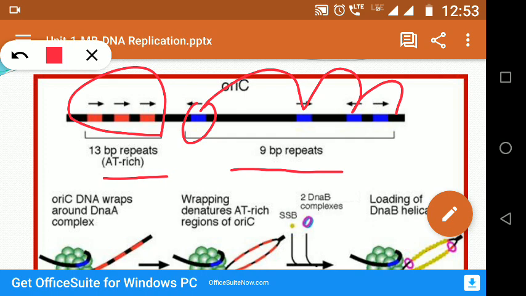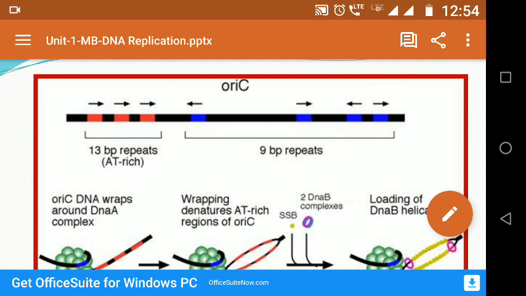So these 2 regions are collectively known as the OriC sequence. The OriC sequence is the region where the DNA unwinding takes place, and initiation of replication also takes place.